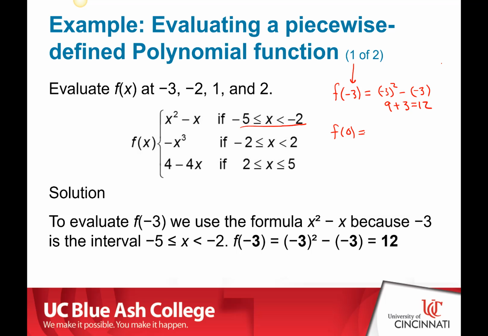It's in the second, isn't it? Because 0 is between -2 and +2. So this is going to give us negative whatever the number is cubed. Plug in 0, and we get -0. So did you put down -0? Or is -0 the same as +0? They're both the same, right? Which just gives you 0.